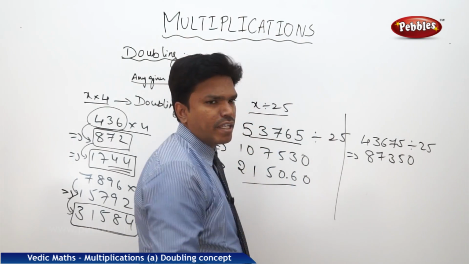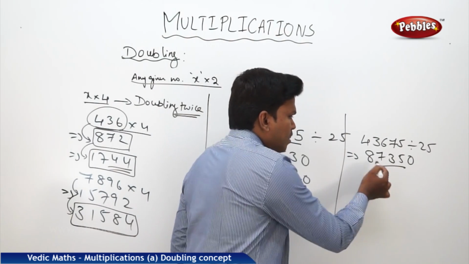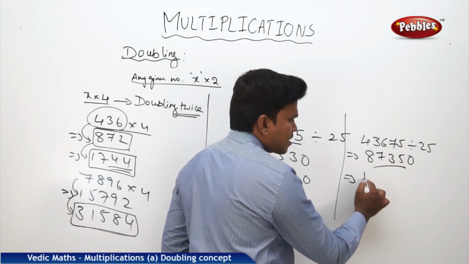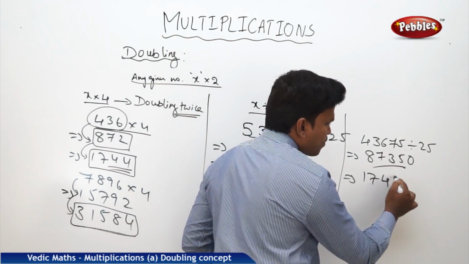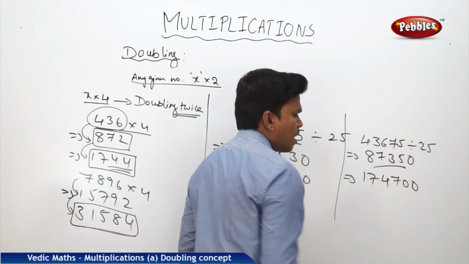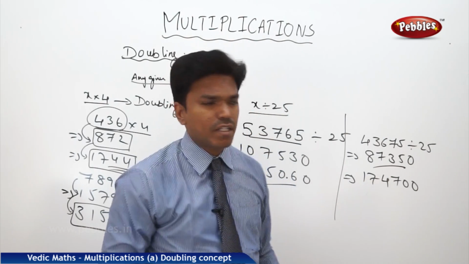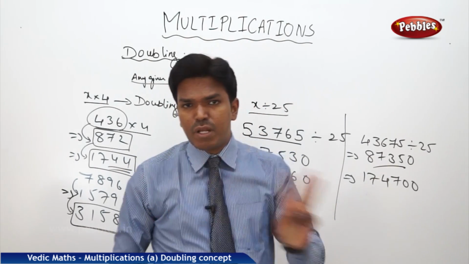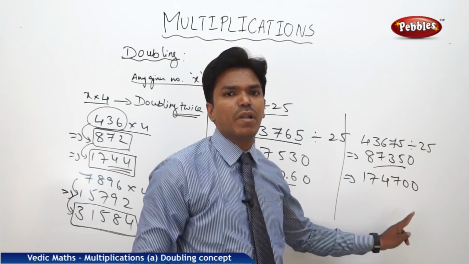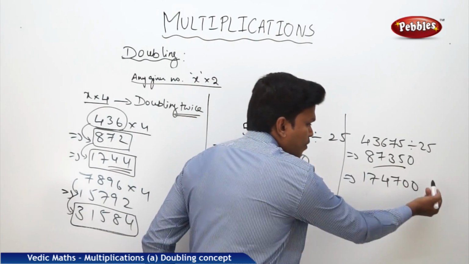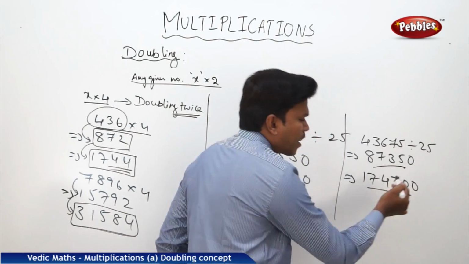This is the first time doubling. Again make this number double. How much will you get? 174700. So I got 174700 as my second time doubling. See, the first time doubling is not my answer. After getting the second time doubling, put a decimal point after 2 digits from the right, and this will be my answer.